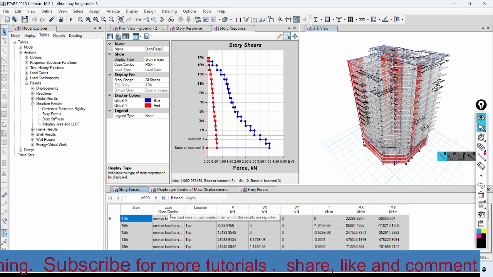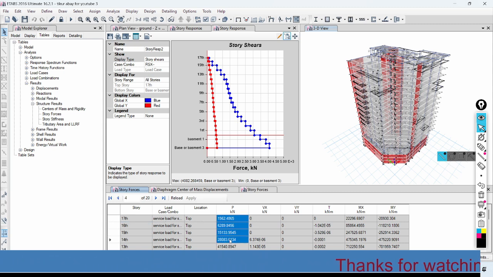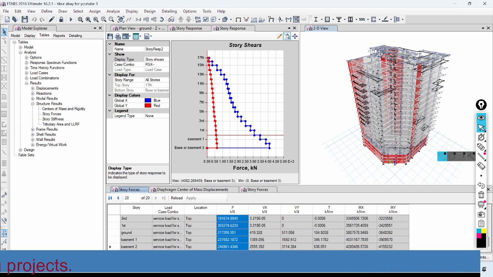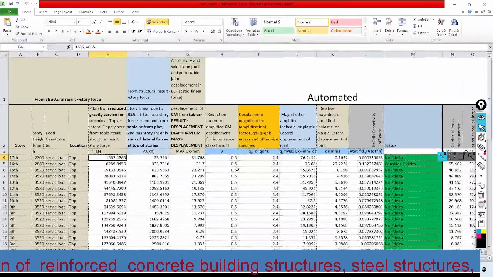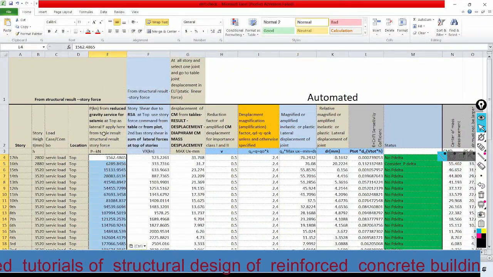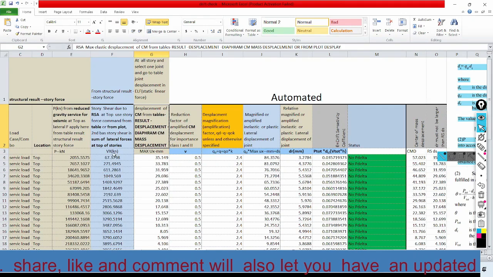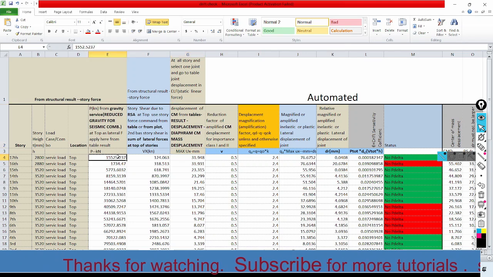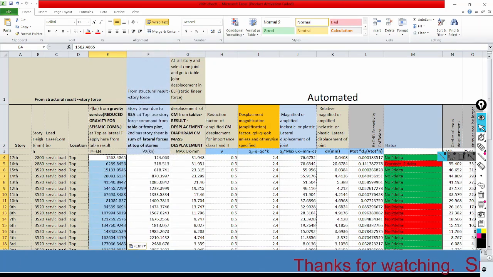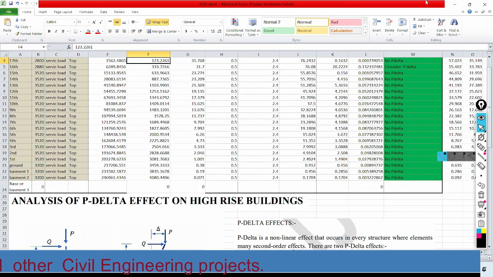The load case has to be service load for seismic, and you copy this one and paste it. Okay, you're at the top. This value is constant for all directions. So to save time, I can paste to all directions. So we can check it.